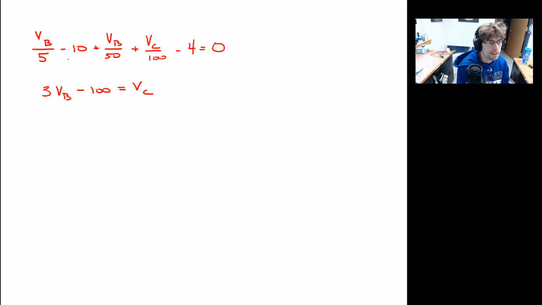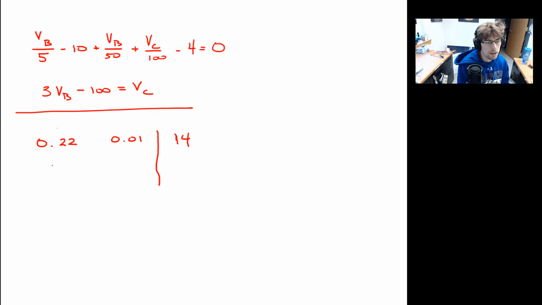So I'll set up the augmented matrix. You have VB, 1/5 is 0.2, and 1/50th would be 0.02, so we have 0.22. So 1/5 plus 1/50th, that'll give us VB. We have 0.01 for VC, divided by 100, and that whole thing should equal 14.